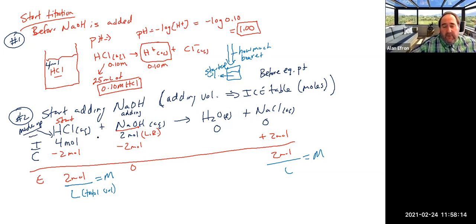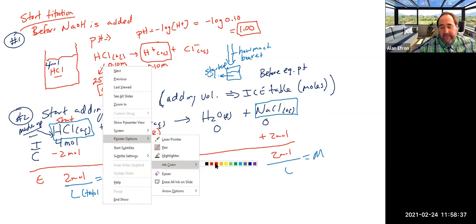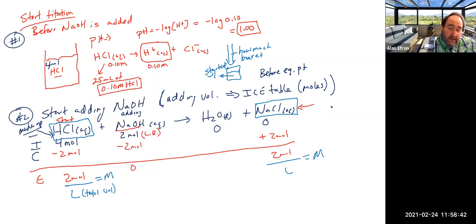So if you're not really sure what's happening at this point, you could use your ICE table to figure out the pH. What we're left with at this point is hydrochloric acid and sodium chloride. Hopefully when you see that combination, you will remember that sodium chloride is a neutral salt, which means it is not going to affect the pH.